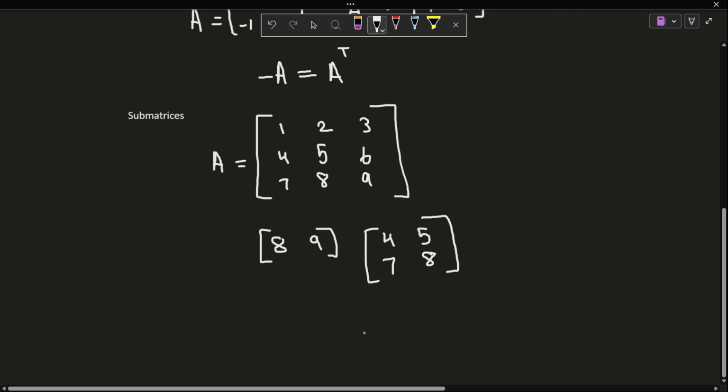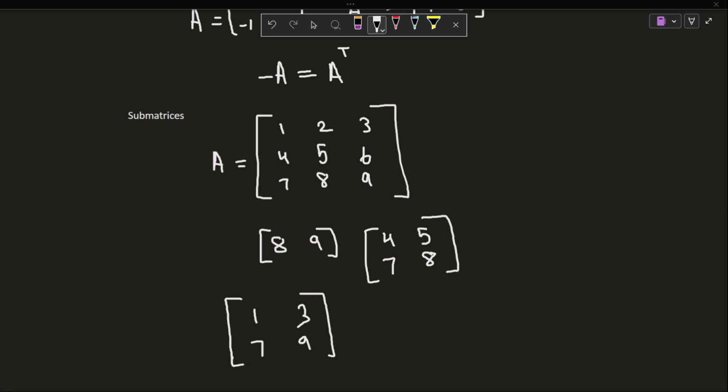And the cool thing is that we can skip rows and skip columns. So I could say that 1, 3, 7, 9, while it might not look like it, is actually also a submatrix of A, which is a really cool part of it. I honestly find it baffling that we still consider those submatrices, but it is pretty cool.